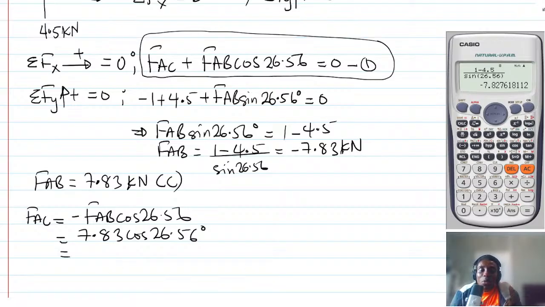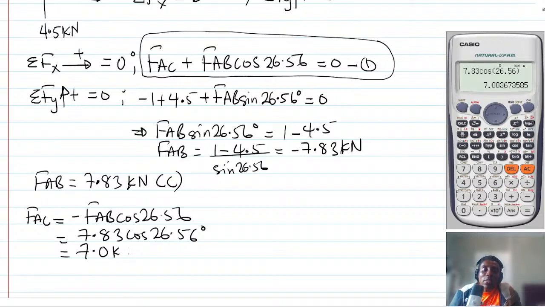And basically that's going to be 7.0 kilonewton. And because it is positive, it means it's in tension.